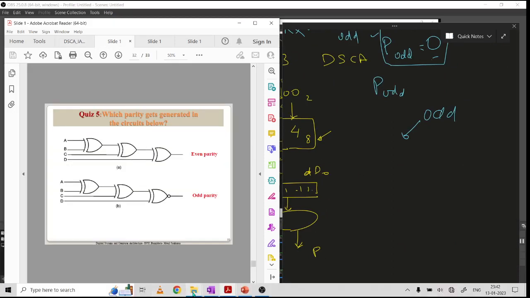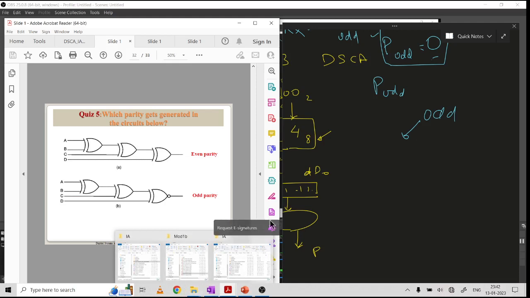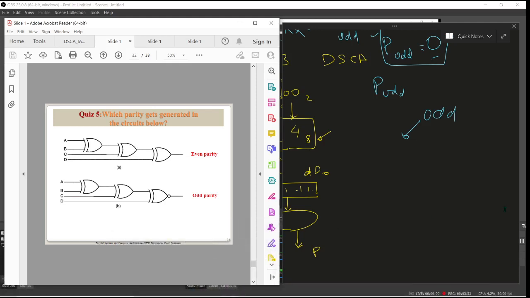Let me explain something about the parity generator here. What is an XOR gate, and why are we using it? You must know it from the explanation in the class, but let me recall what was discussed there.